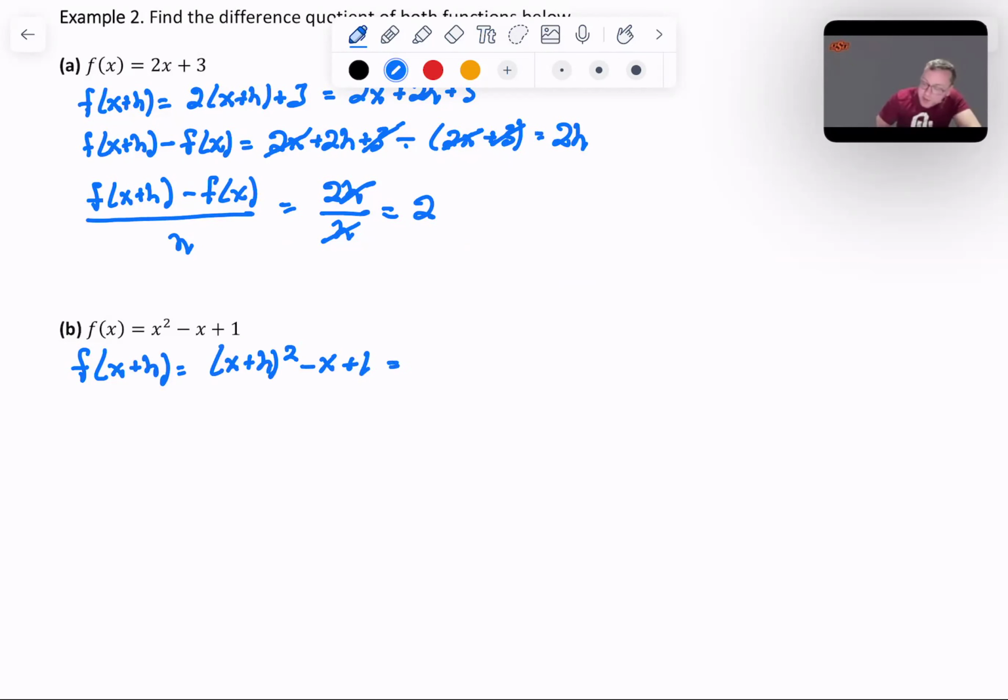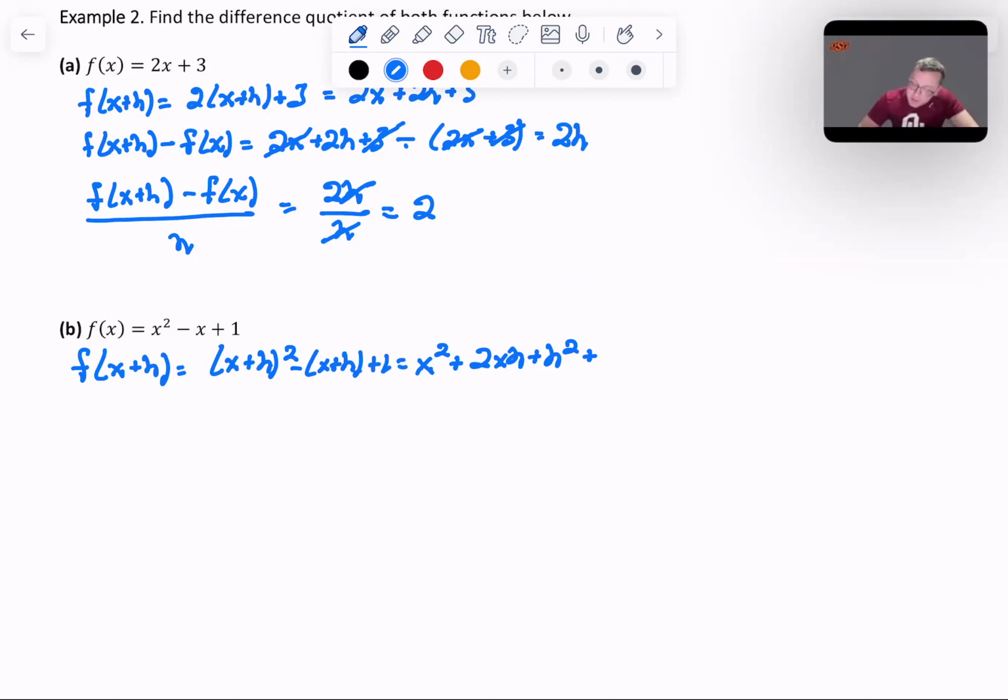If I simplify this, this is x squared plus 2xh plus h squared, and then minus (x plus h) plus 1.